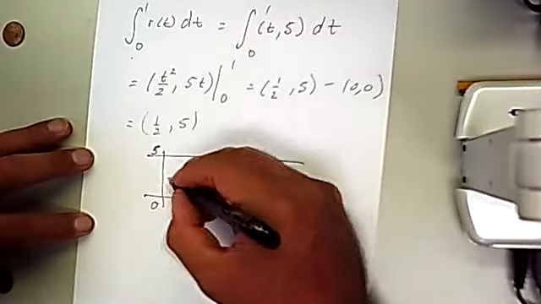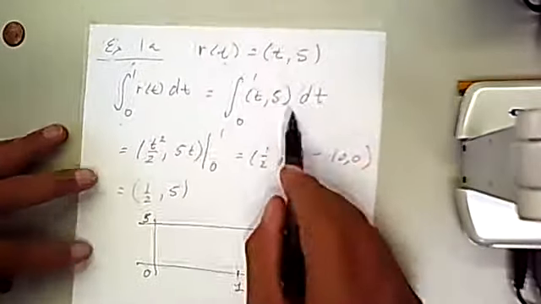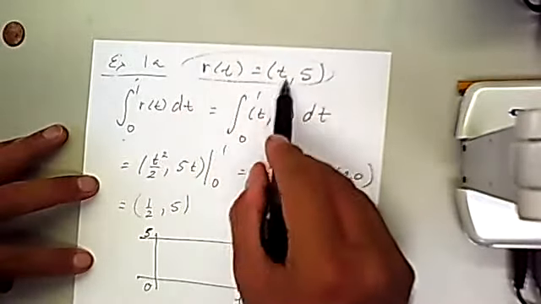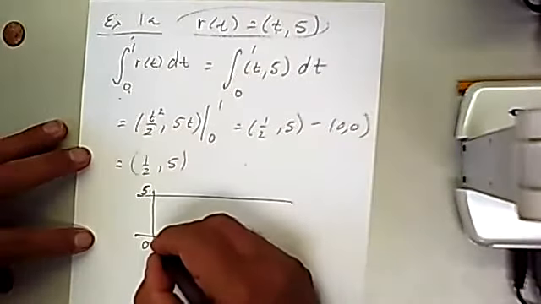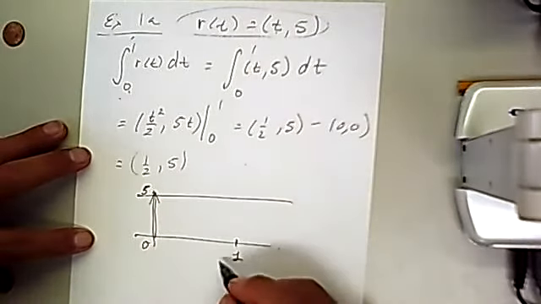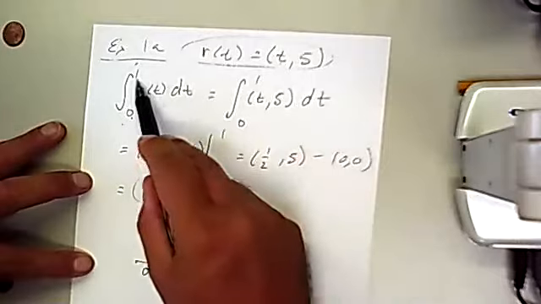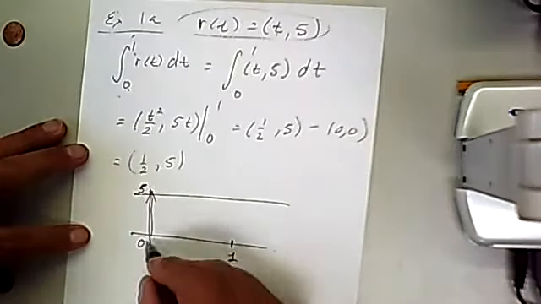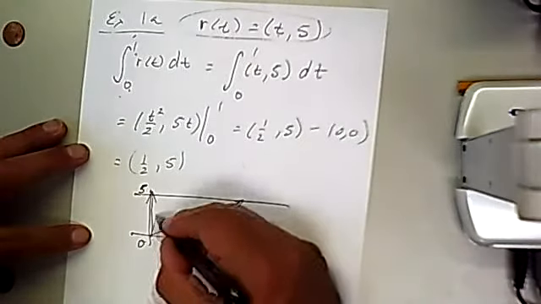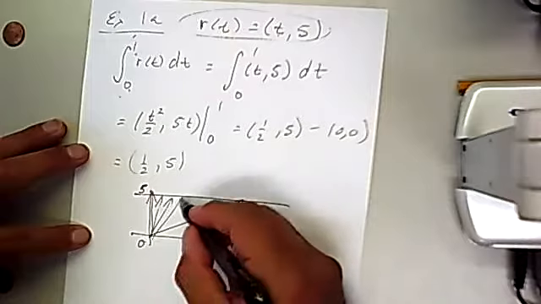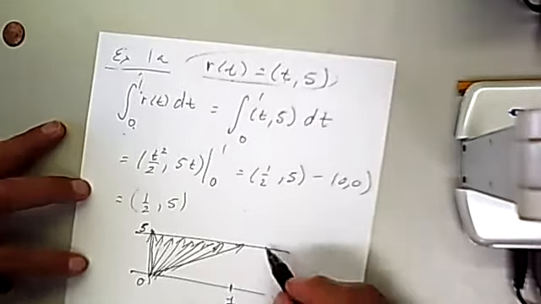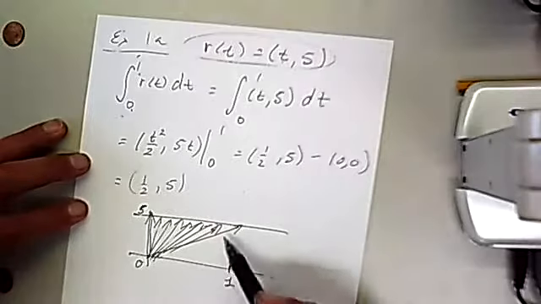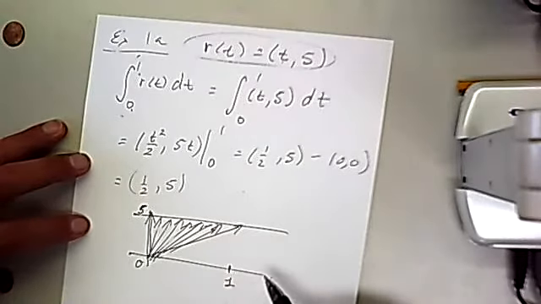So this function up here means that we have the vector (0, 5). As we run from 0 to 1, we got (0, 5). So we have this vector. When we reach 1, we have this vector, and we have all the vectors in between. And we're going to multiply by little bits of this interval from 0 to 1.